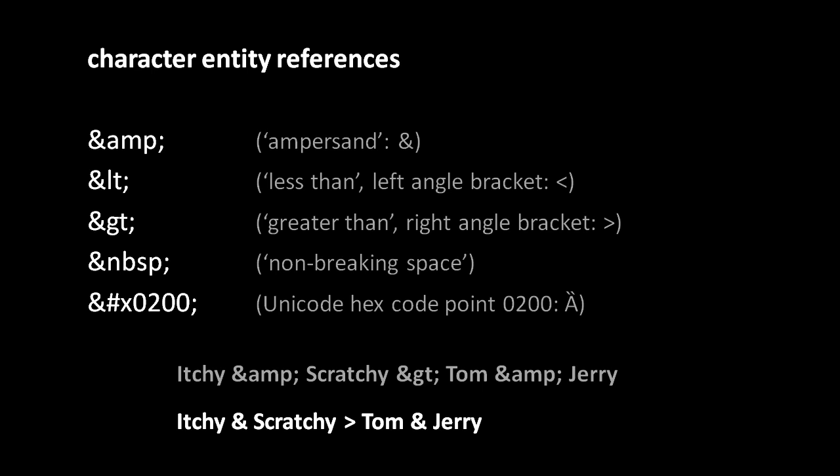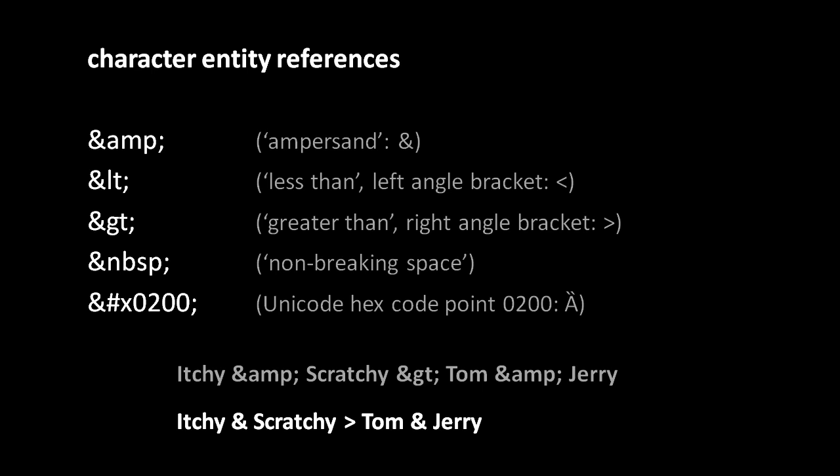Those three are certainly the most common character entity references you'll see, except maybe &nbsp;, which stands for non-breaking space, which is generally used sort of as a cheat, as a kludge for including an extra space in your text.